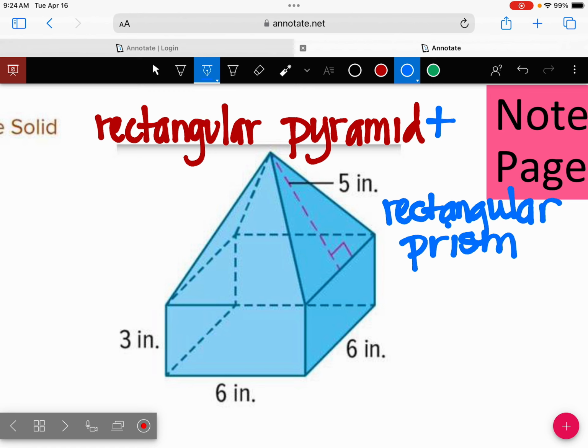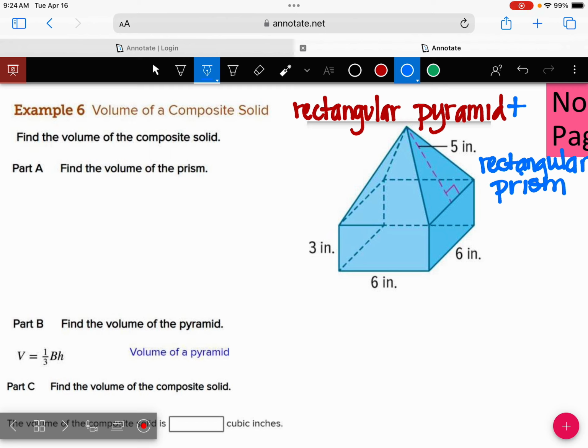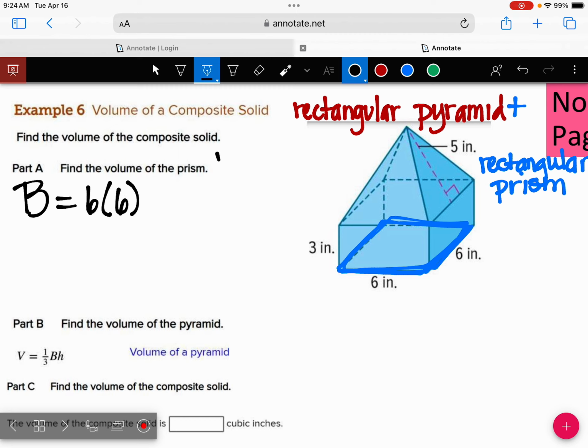So let's go ahead and finish this one out. So when we start with this prism, to find the volume of the prism, the first thing you want to do, this is the base. This is kind of like what you had to do in your bell work. You're going to multiply the lengths of your two bases. So first we're going to find the area of the base, which would be 6 times 6. Let me write the formula for volume of a prism.